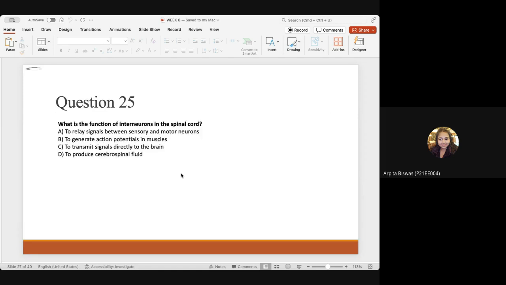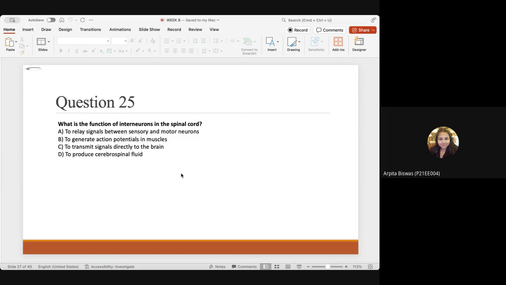Next, move toward question number 25. What is the function of the interneurons in the spinal cord? First option is to relay the signals between the sensory and motor neurons. Option B is to generate the action potential in muscles. And option C, to transmit the signals directly to the brain. And option D is to produce the cerebrospinal fluid.